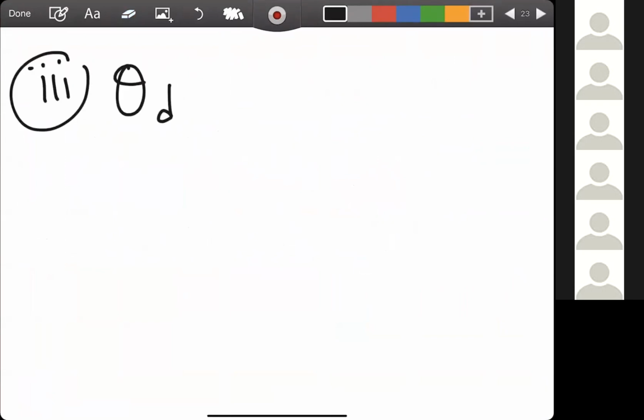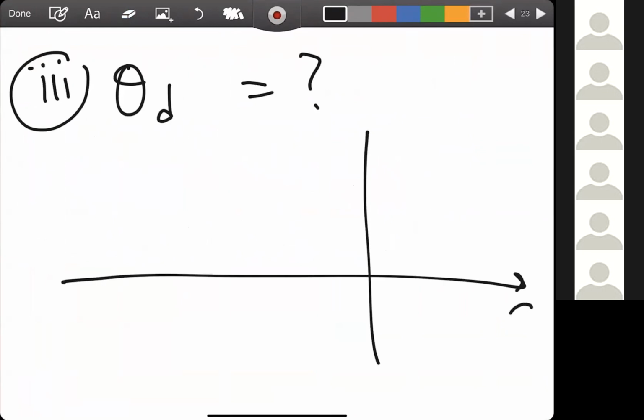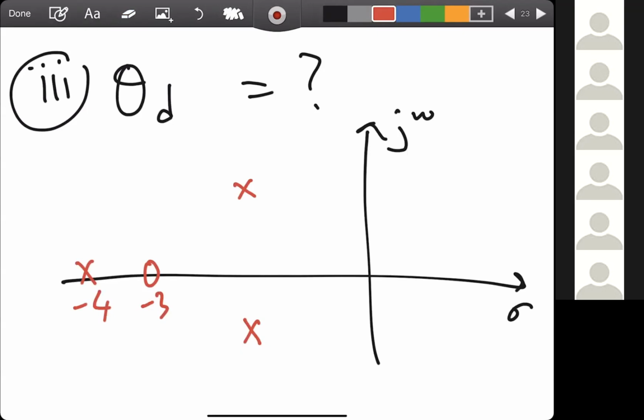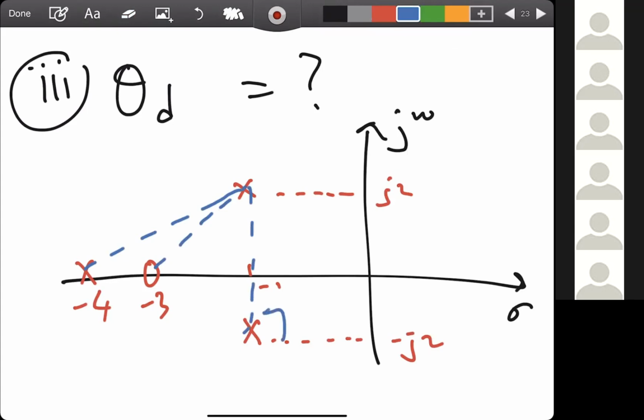Okay, angle of departure. So we have to draw properly.